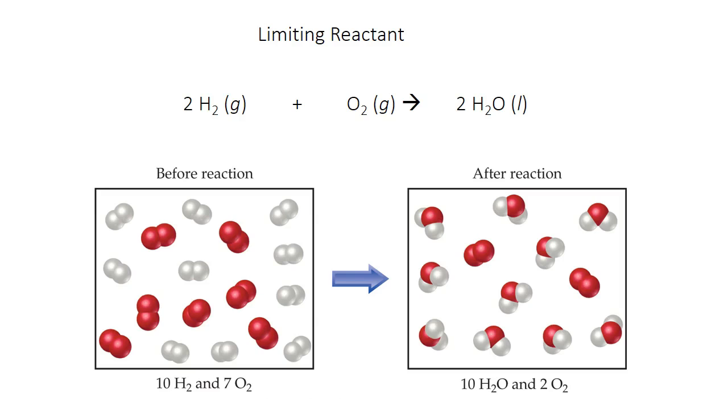Because you need hydrogen and oxygen to form water. And so what's in the box on the right would be the products that would form at the end if this reaction went all the way to completion and there were no side reactions. So in this particular example, hydrogen is the limiting reactant because it limits the amount of product that you form, and oxygen is the excess reactant because you have extra of that at the end.